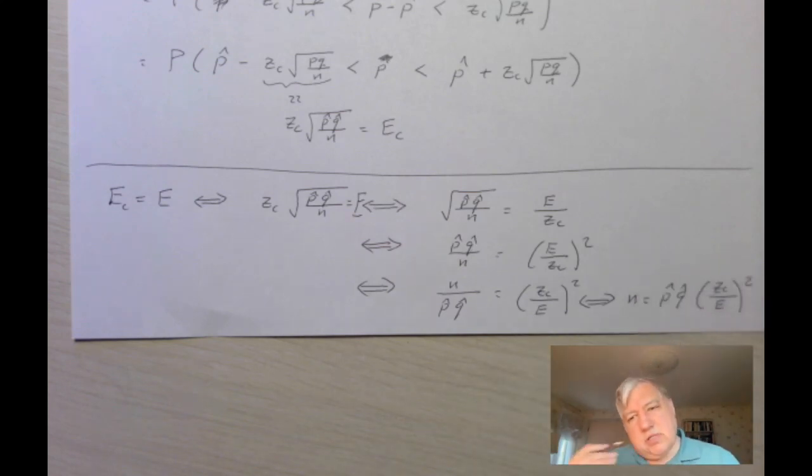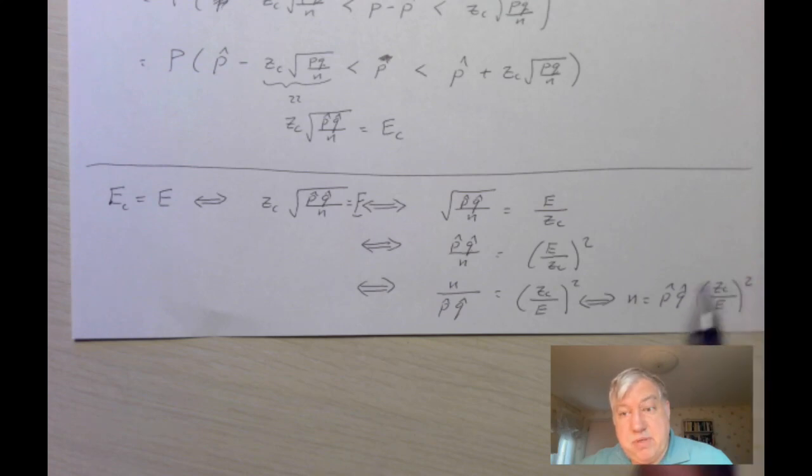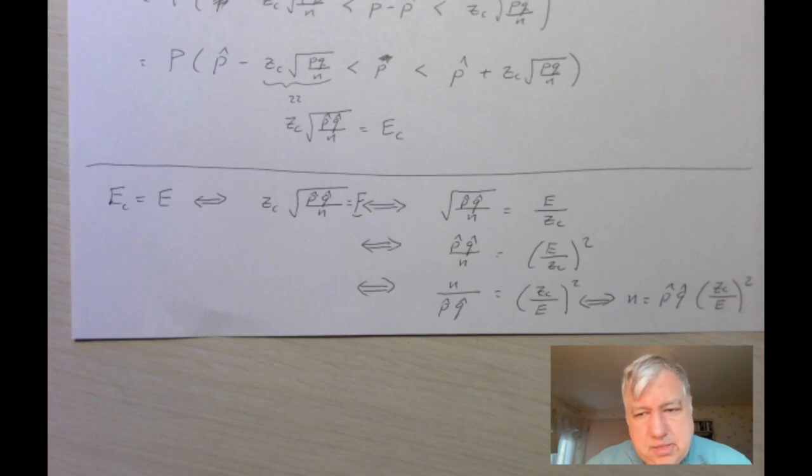Most of the time this is not going to be a nice integer, so we take the next integer bigger than whatever this number is. All right, so that's the proof of this.